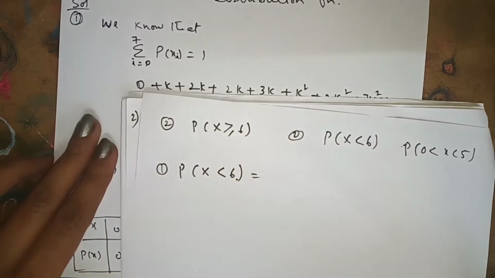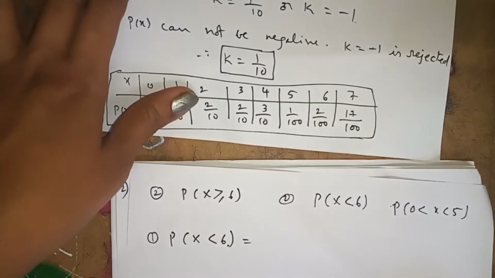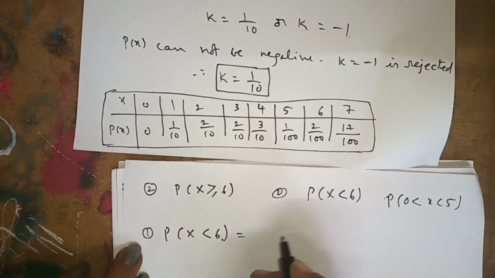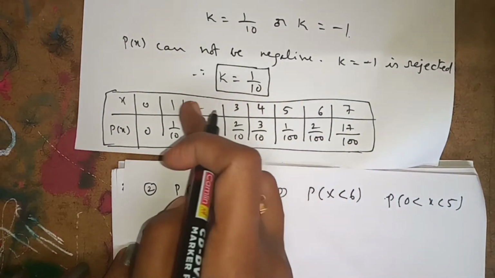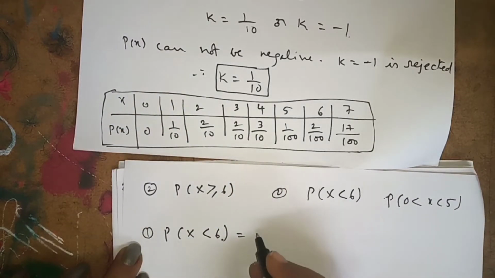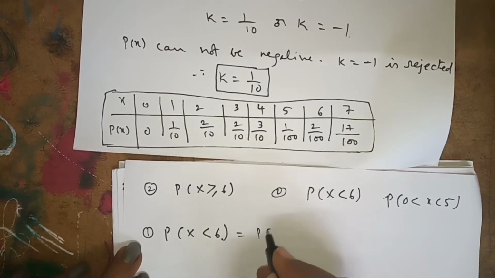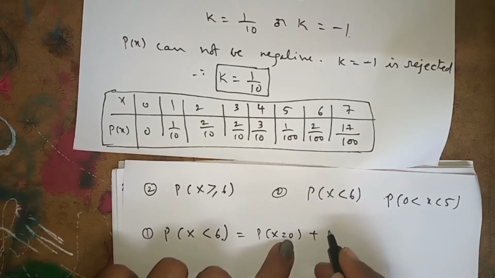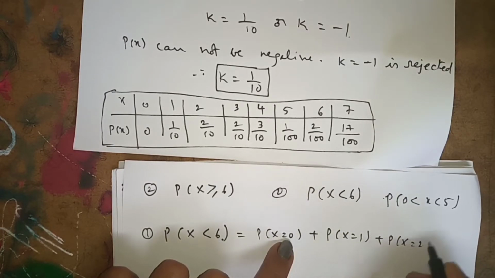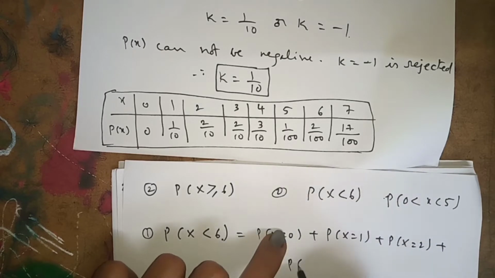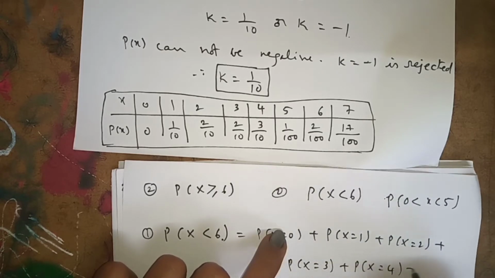How many values are there for x less than 6? Less than 6 means 5, 4, 3, 2, 1, 0. We have to add p of x is equal to 0 plus p of x is equal to 1 plus p of x is equal to 2 plus p of x is equal to 3 plus p of x is equal to 4 plus p of x is equal to 5.